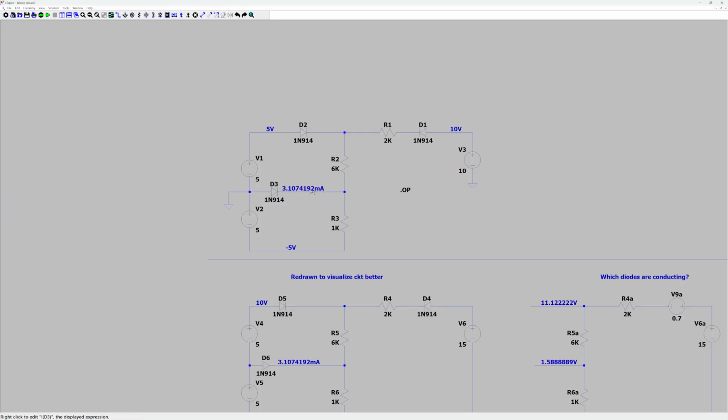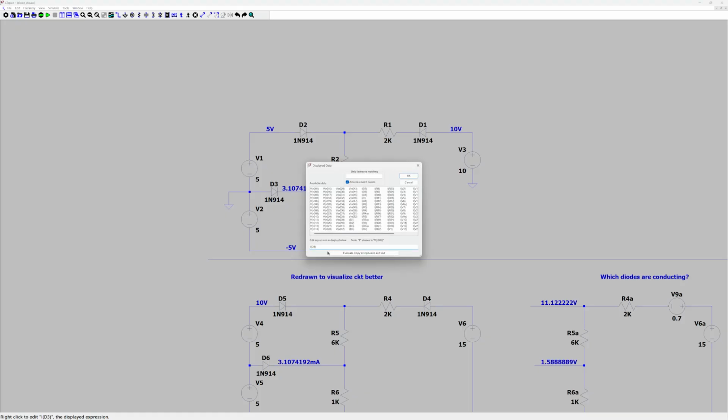Now this one, if you go in there and put in the expression for what you want it to show, you will get that. So I wanted this to show the current through diode D3.